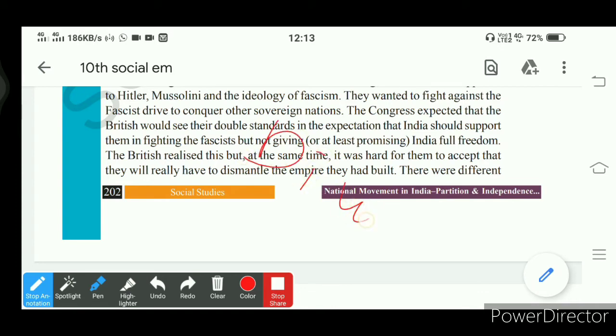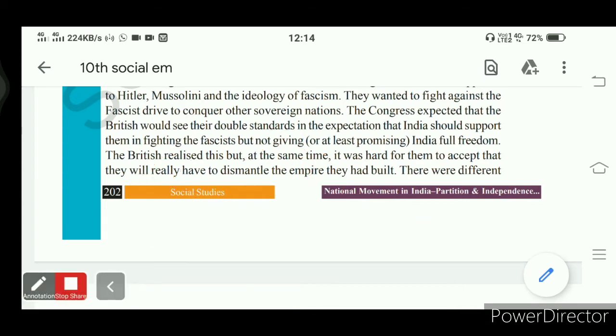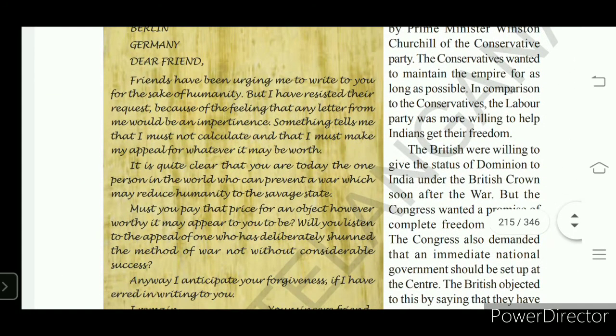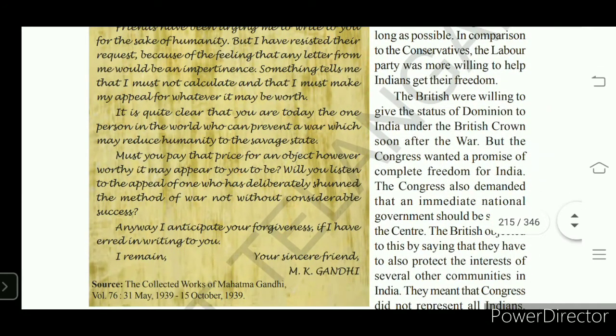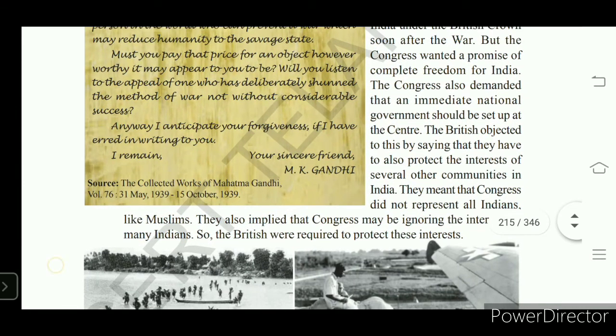They wanted to divide Indians into Hindus and Muslims, understand? Here we see that they stated that Congress is ignoring the interest of many Indians, especially it was not protecting the interest of the Muslims.